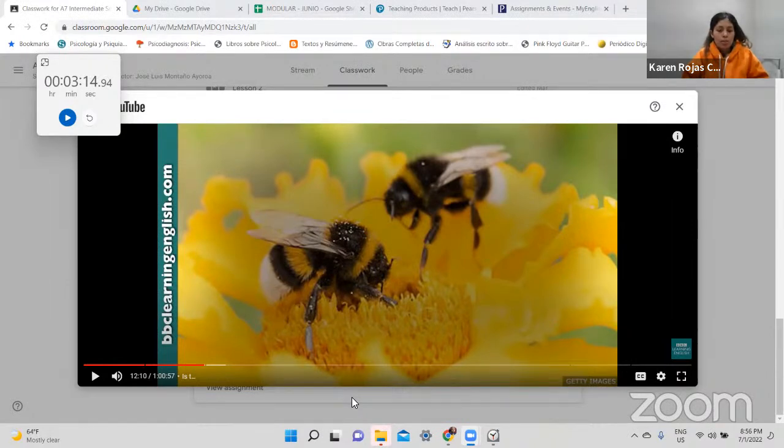They cover an important percentage of pollinate around the world.